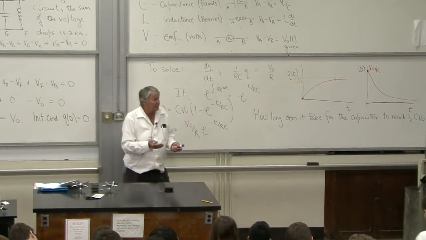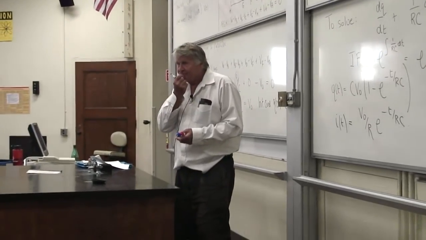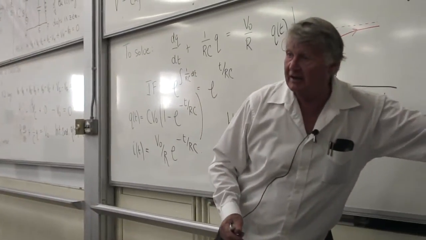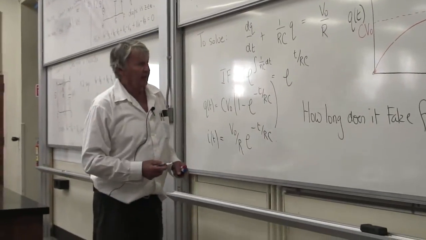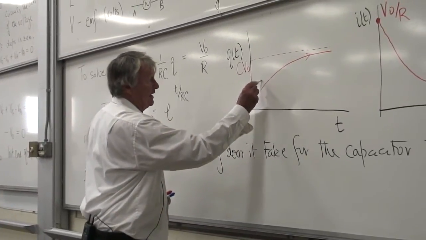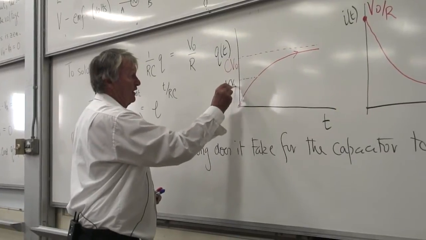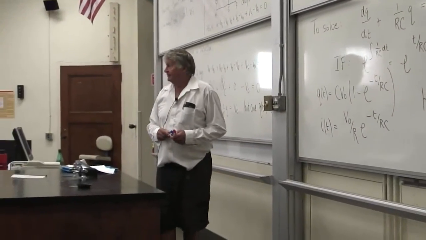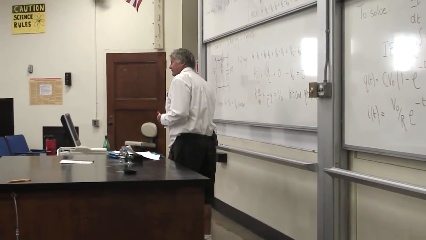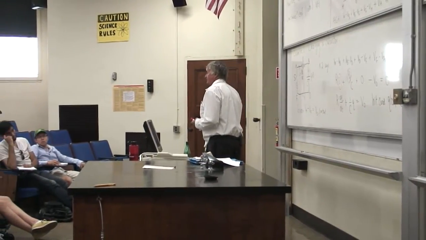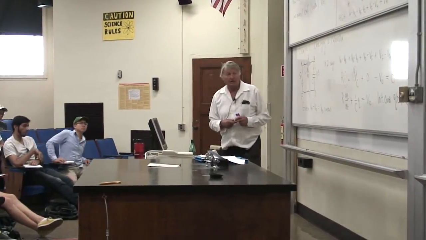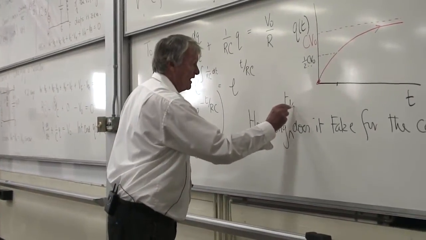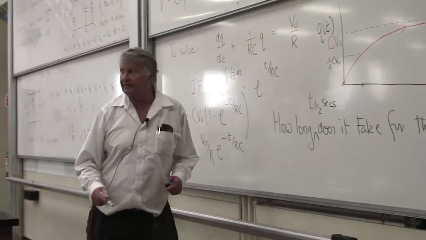That gives me a typical idea of the time. Is it half of RC? No, half of CV0, half of its final charge. See, this would be the half CV0. So I want to know, how long does it take, roughly, to get this far? Could you all calculate that? We'll call that t sub half seconds, because we're dealing in seconds.